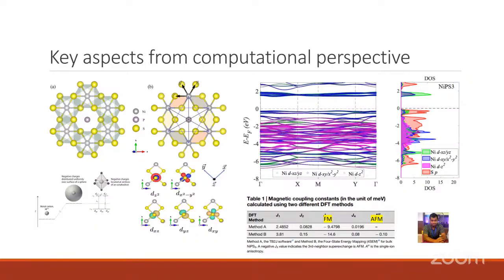Yeah, so in this material it is very likely that the phosphorus p orbitals almost don't contribute to modeling the spin behaviors. Even though I only show the nickel and the sulfur p orbitals here, the density of states of the phosphorus p orbitals stays relatively deep and far away from the Fermi surface.